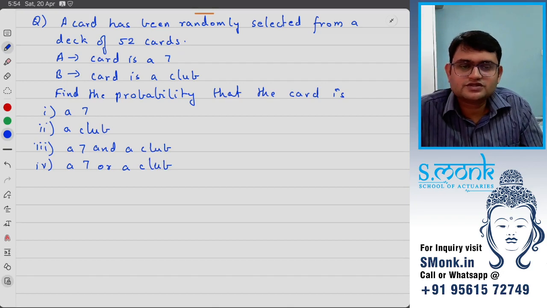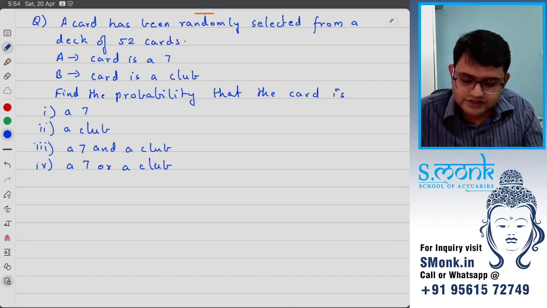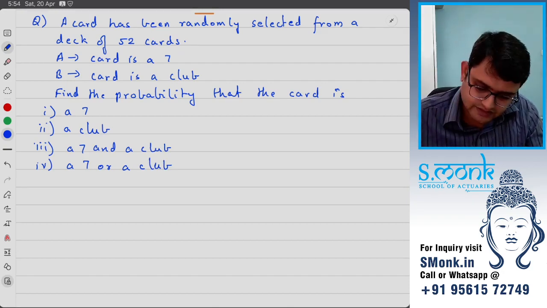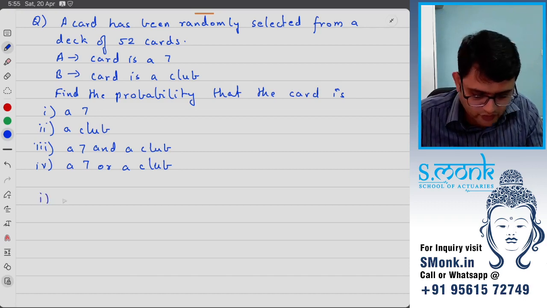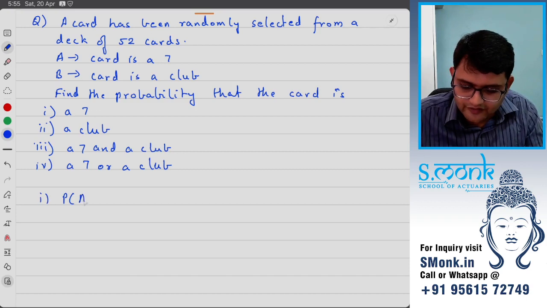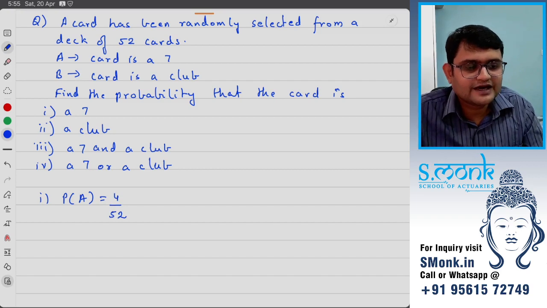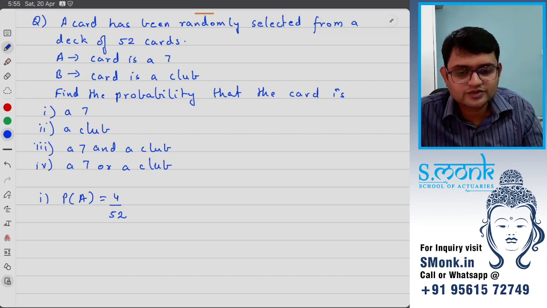It's a random deck of 52 cards. How many 7s are there? 4. So the probability of A, that means the card is a 7, is 4 out of 52. There are 4 desired outcomes out of 52 total outcomes.